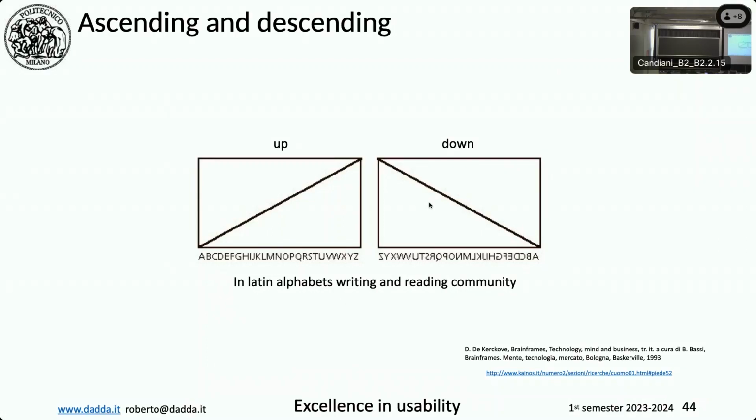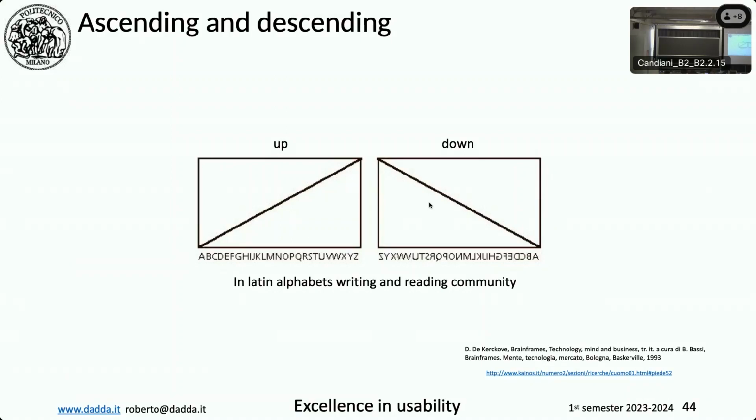In Arabic countries, for instance, they go from right to left. So you go like this. In South India, Tamil, they go... Urdu, because Urdu is very near to Arabic. Urdu is the language spoken by Muslims in India.